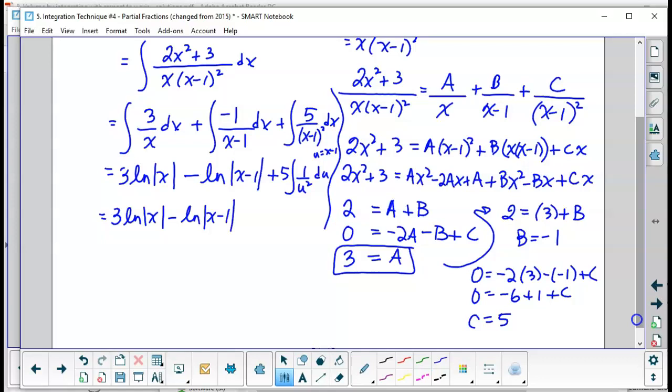So that's going to be u to the negative 1 over negative, so minus 5 u to the negative 1, and then plus c. And then substitute back in. This will all be in terms of x's. U is x minus 1, so that would be 5 over x minus 1, plus c. Okay.